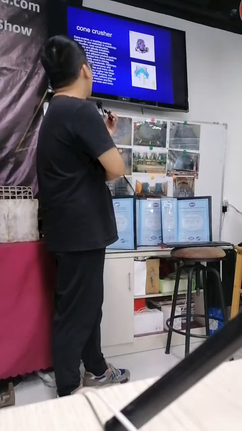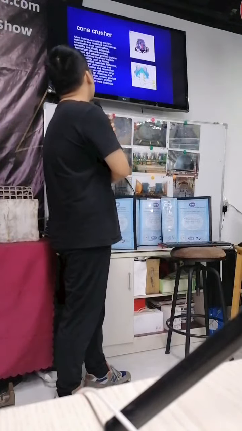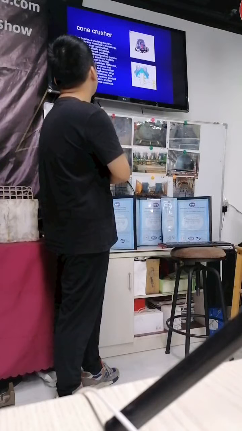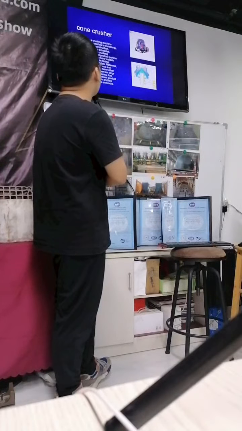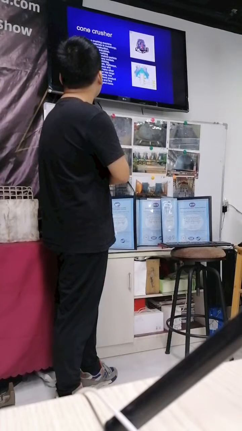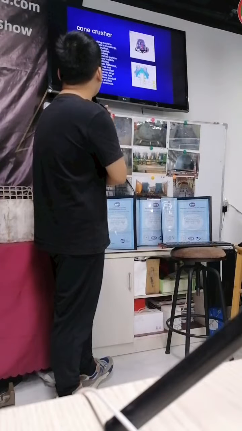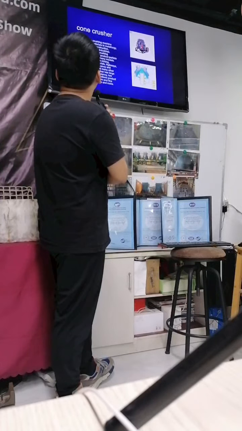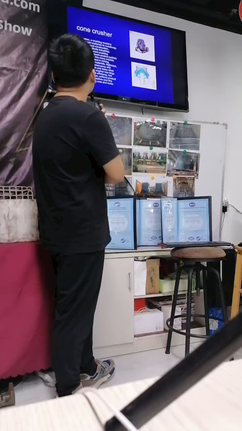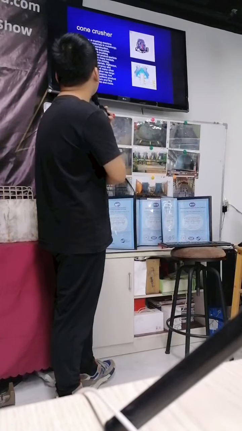And the next is cone crushers. The cone crusher is a crushing machine suitable for materials in the mining, construction, road construction, ceramics and silicate industry.